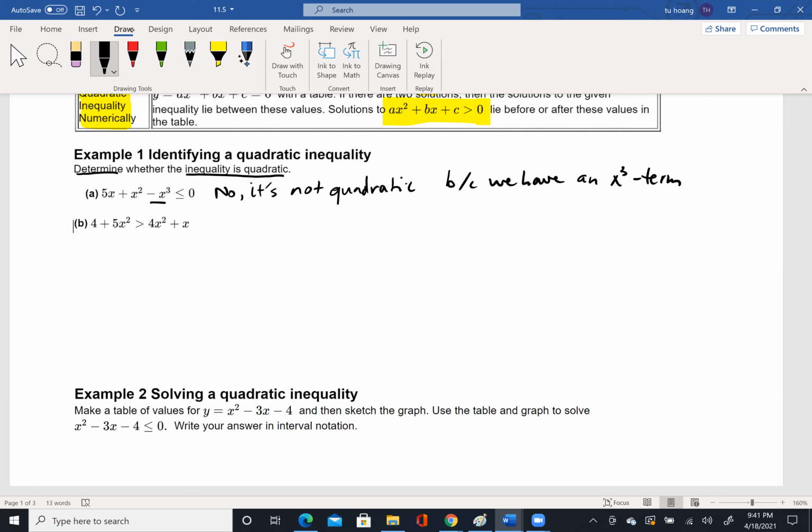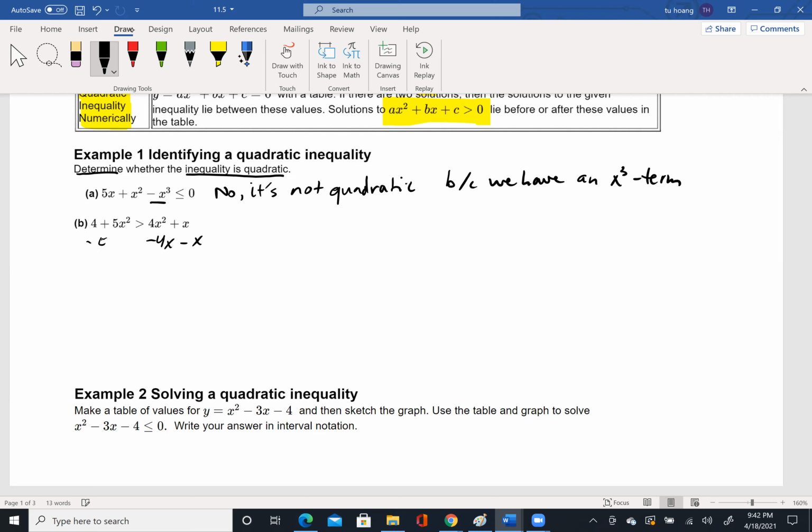So for the next one, we have 4 plus 5x squared greater than 4x squared plus 5x. Is this a quadratic inequality? Let's try to convert it, right? I would like to subtract 4x squared and x from both sides.